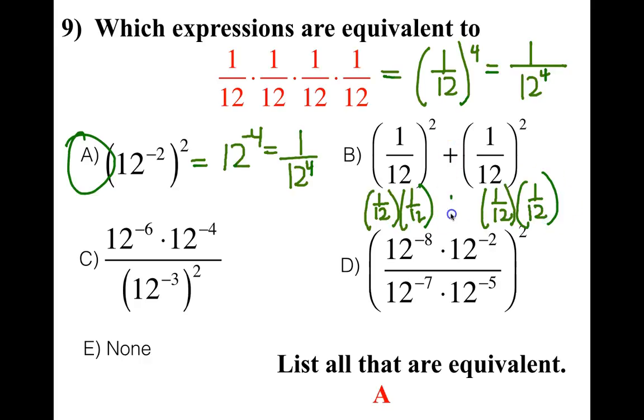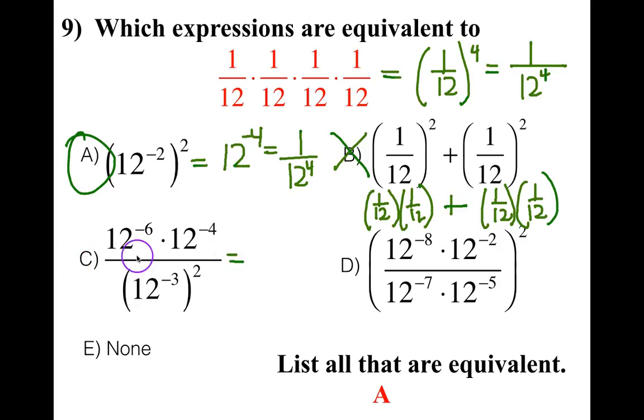However, notice here, we're adding them. We're not multiplying them. So this is not the same thing as A or any of these. Though B is very tricky, this is not equivalent, because if this was multiplication, then I could say that it is. But because it says plus, it is not equivalent.